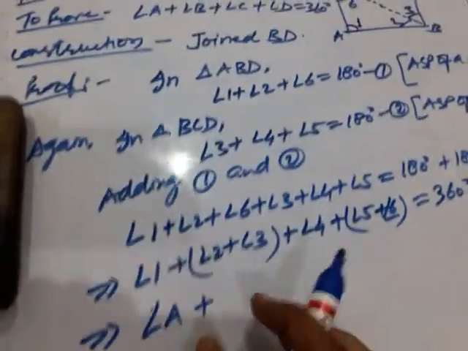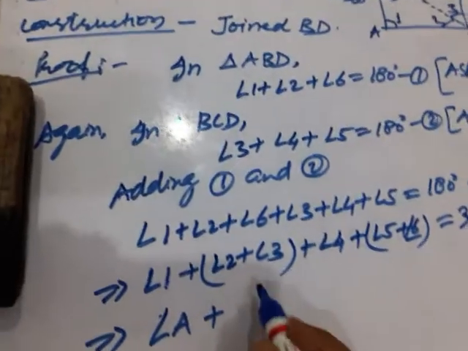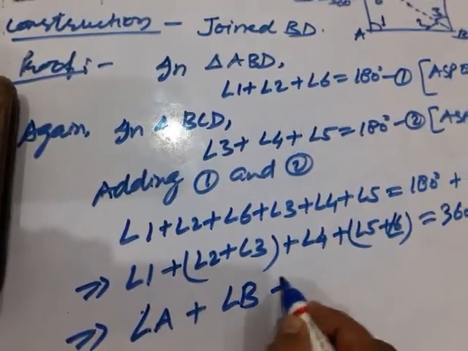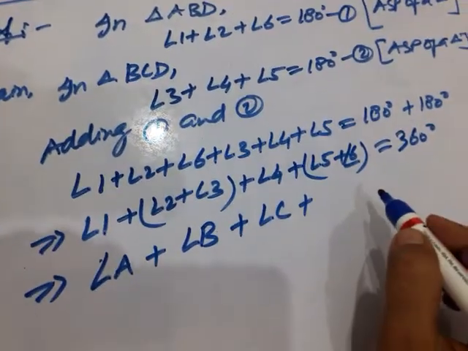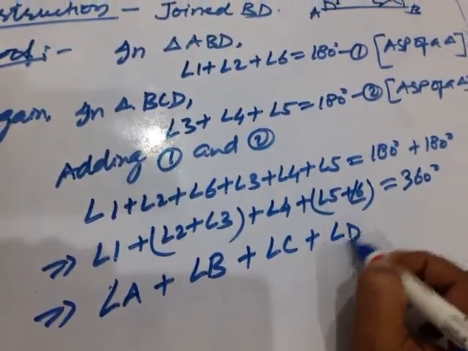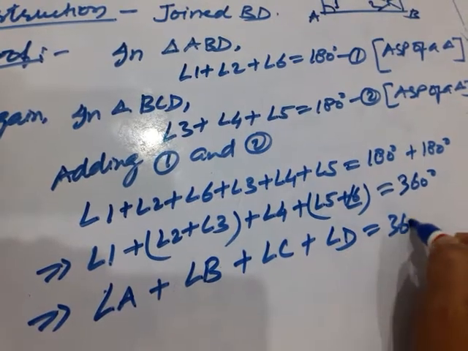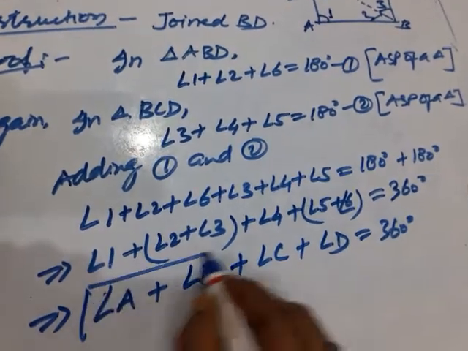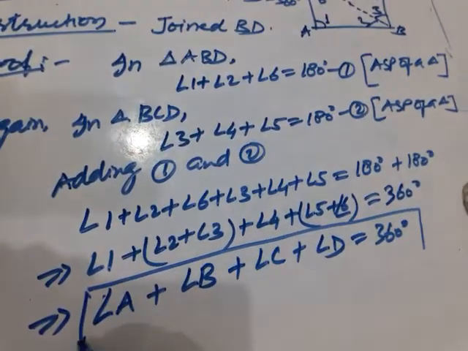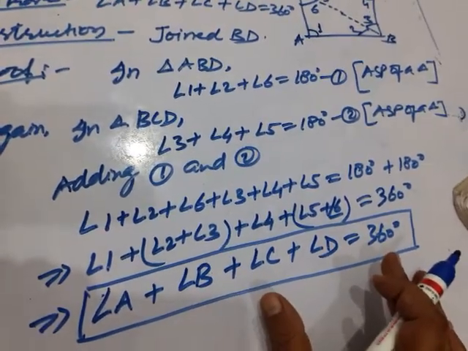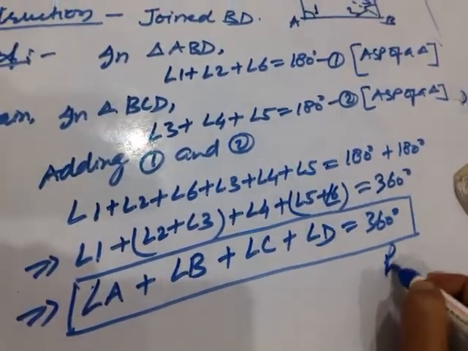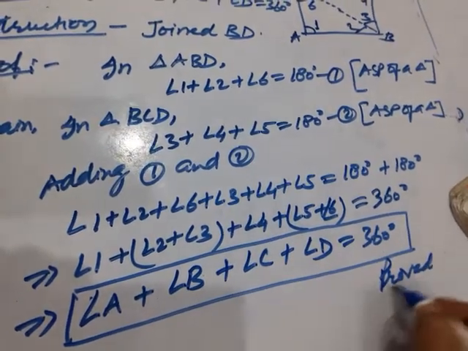Plus angle 2 plus angle 3 equal to angle B plus angle 4 equal to angle C plus angle 5 plus angle 6 equal to angle D, and this is equal to 360 degree, and that is what we have to prove. Clear, children? So sum of all the four angles of a quadrilateral is 360 degree. That we have proved, children.